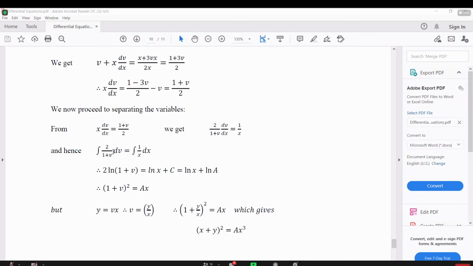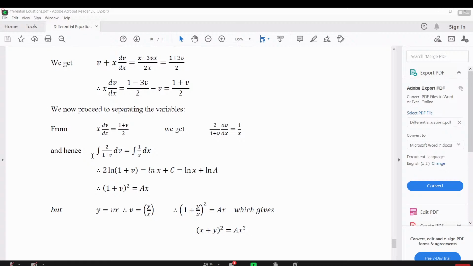So then we end up with this line here, the integral of 2 over (1 plus v) dv is equal to the integral of 1 over x dx. And in almost every case, we'll end up with ln x on the right-hand side, because it's the integral of 1 over x. On the left, you've got to be careful. Remember that if you see that the numerator is the differential of the denominator, then you can use ln.